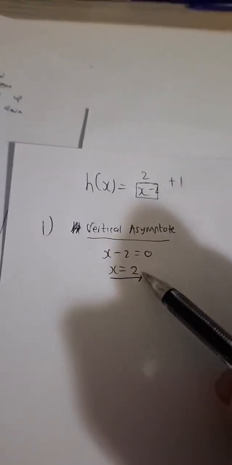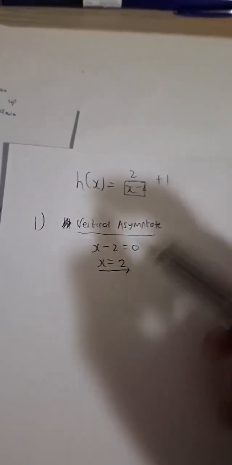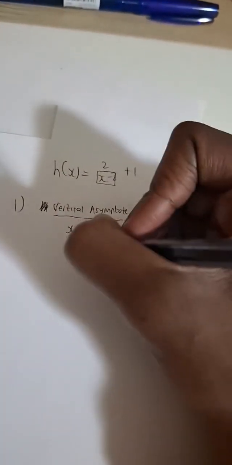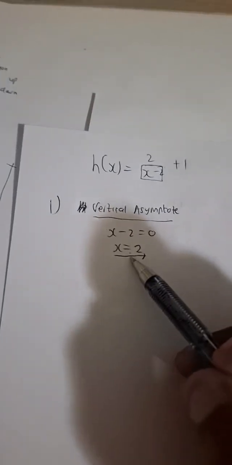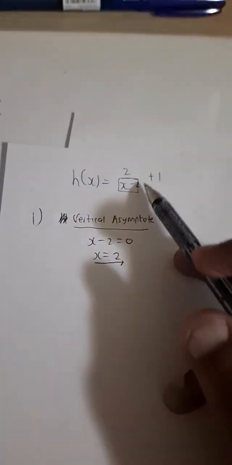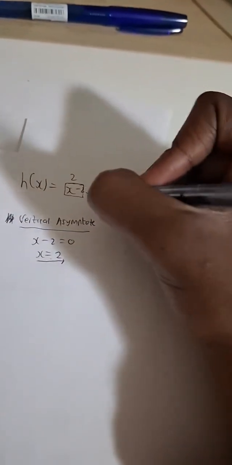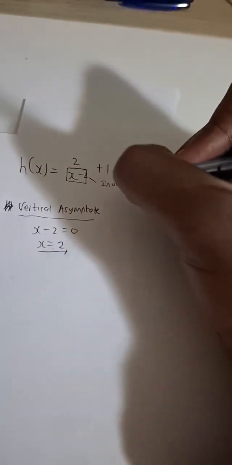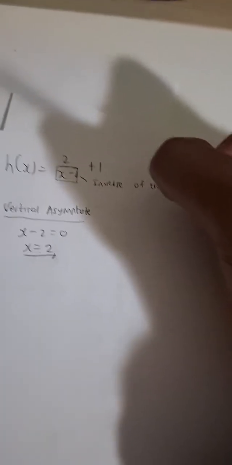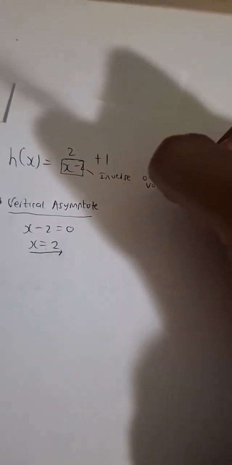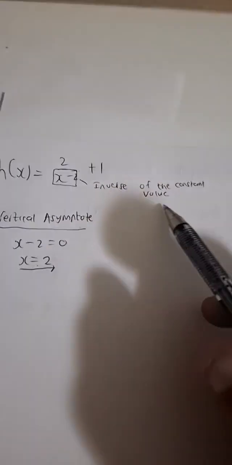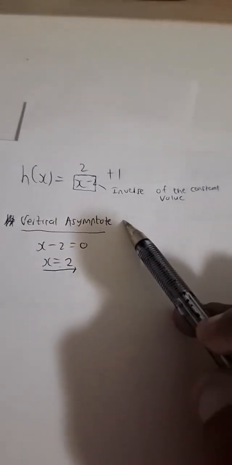We transpose the value of 2. And we know that the equation of the vertical asymptote is simply x is equal to 2. So you can simply write the answer because the inverse of the constant value in that expression gives you the value of the vertical asymptote.